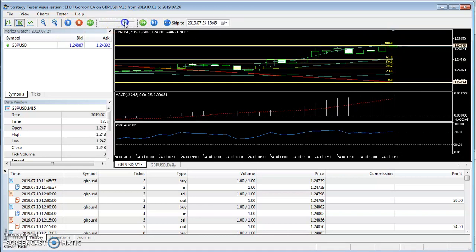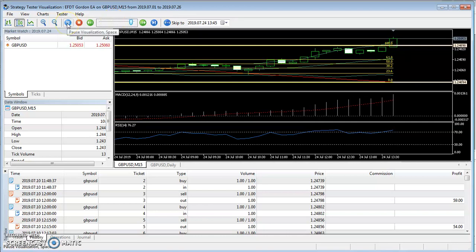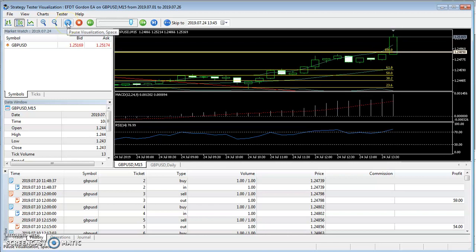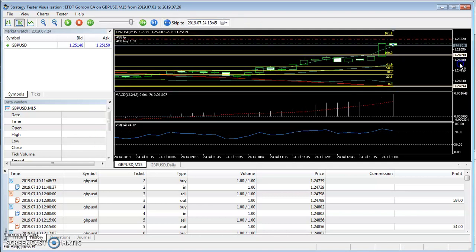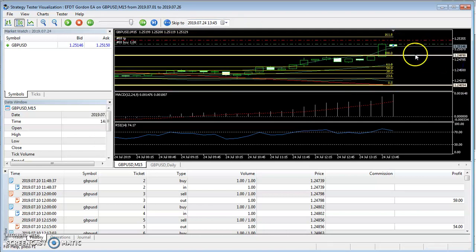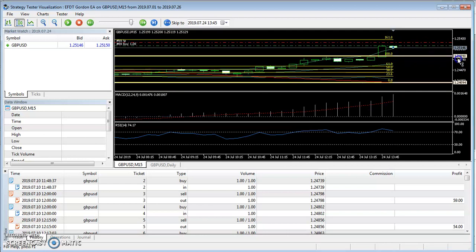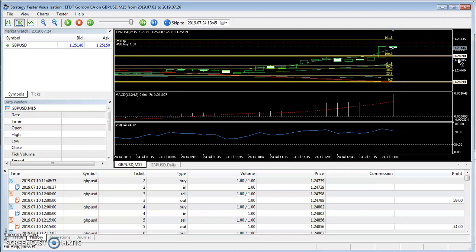and just speed it up. So it broke through the resistance line. It's about to break the upper band, and it breaks the upper band, giving us a very good signal. And we can see the Bollinger Bands start to break apart, and as soon as that candlestick ends, we can see that it enters a trade, and it opens a trade.